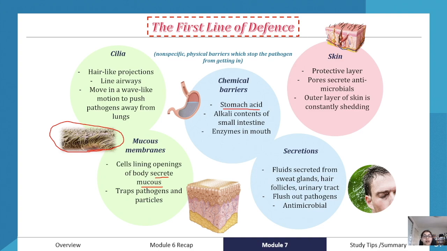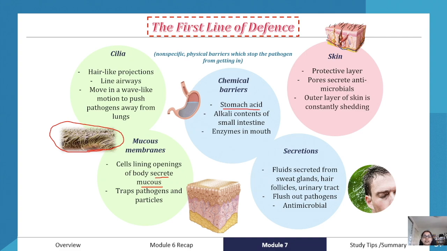There are also alkali contents of the small intestine and enzymes in our mouths that, if we breathe in any bacteria or pathogens, do their best to make sure that those pathogens don't travel down to our important organs like the lungs and start infecting them.